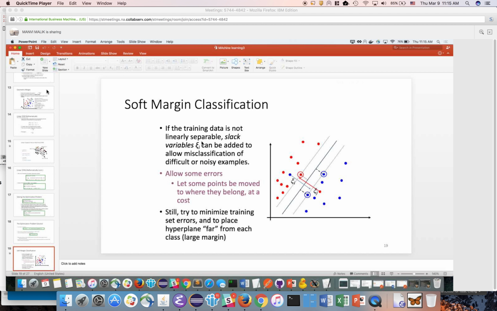The intuition remains the same, that we want to maximize the margin, but we are adding some slack variables. Let's say these are my slack variables. These are not my support vectors, but I added these two points in the calculation of the maximum margin.